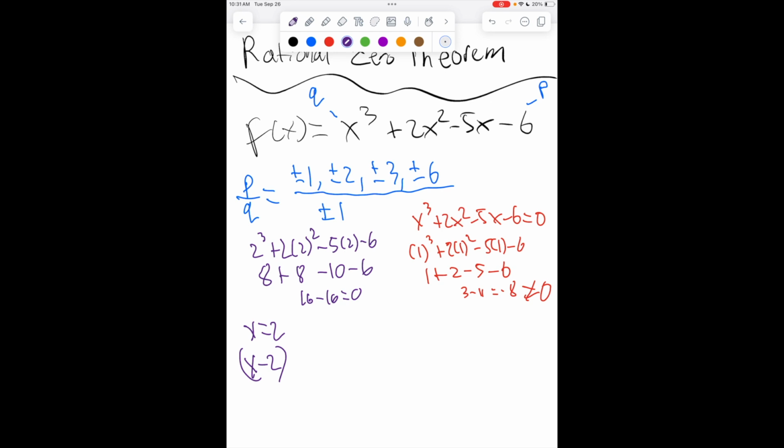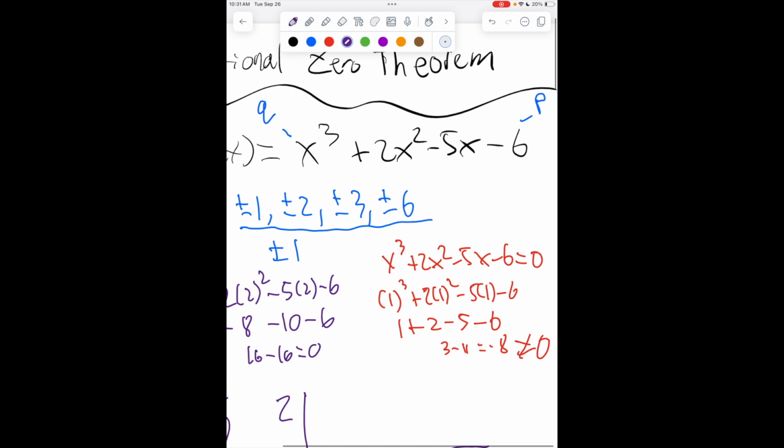So now that I've got something to work with, I can use synthetic division here. Just like I have been before, I need to take the coefficients from my original function, making sure we've got decreasing order: third power, second power, first power.